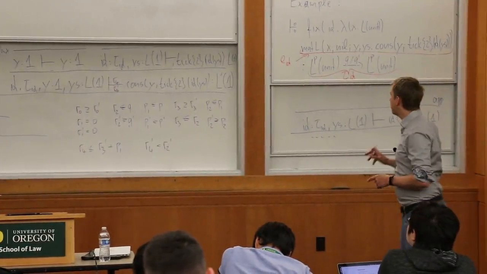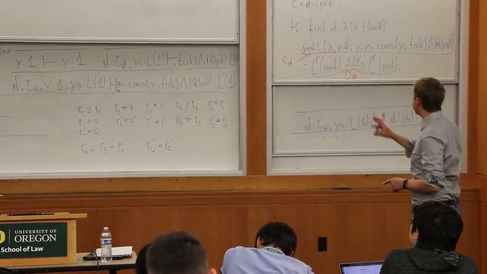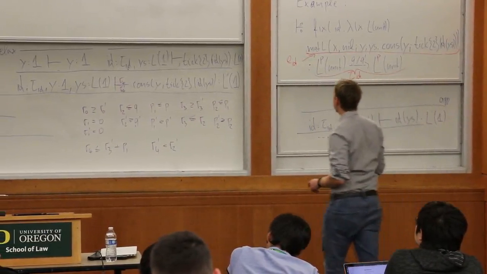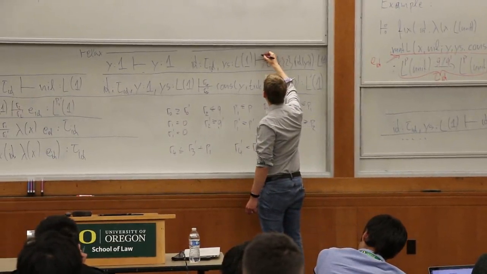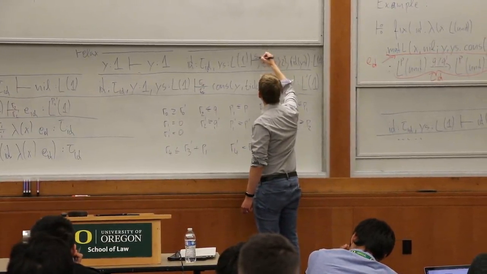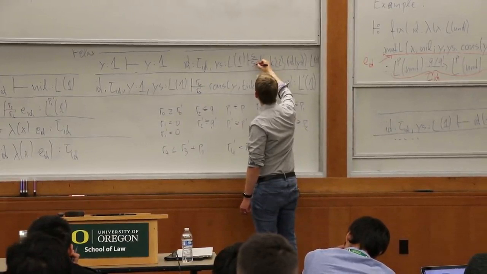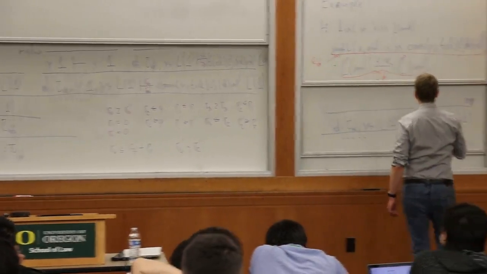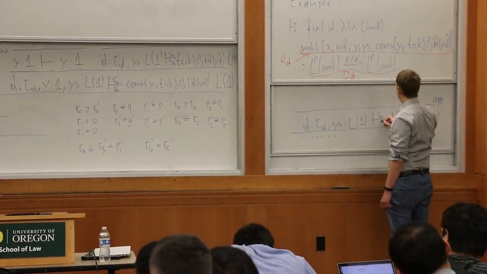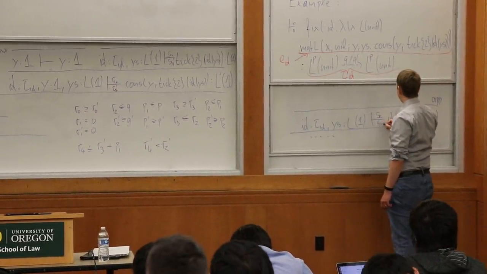So another thing I want to show is this tick case, because that's also interesting. So here you have, say, S1 and S1 prime, and here you have S2 and S2 prime.